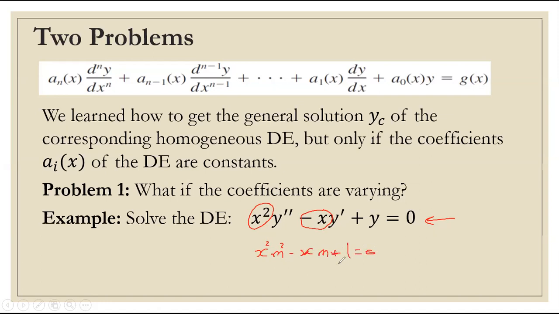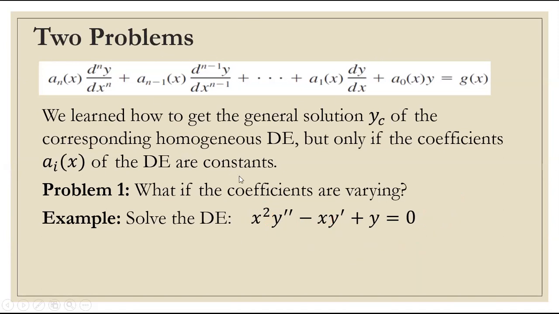I can't determine the value of m because I have the unknown x here. So this is one difficulty which I can't solve depending on all the previous lectures. Maybe in today's lecture we can deal with it and find the solution.